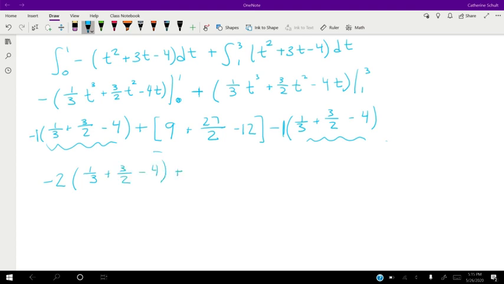All right, now I can distribute that -2. One way to simplify it, there's lots of ways. You guys can just go left to right too. That's fine. Okay, so I'm going to distribute the -2. It'll cancel in that case. Okay.